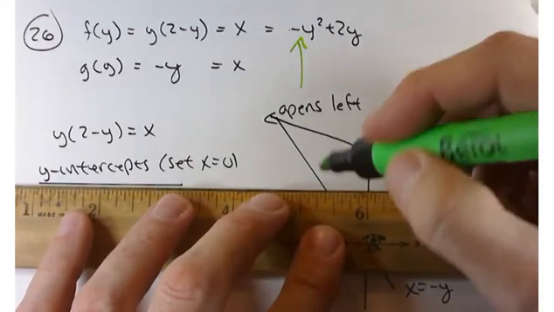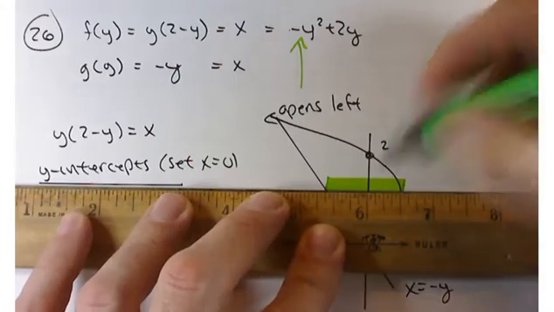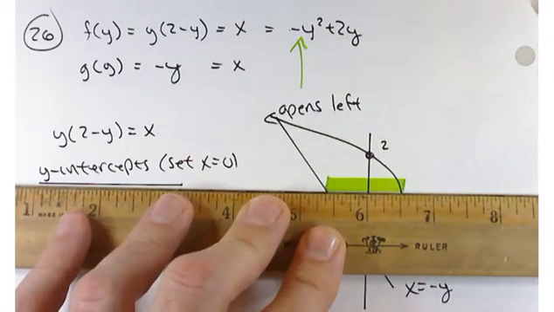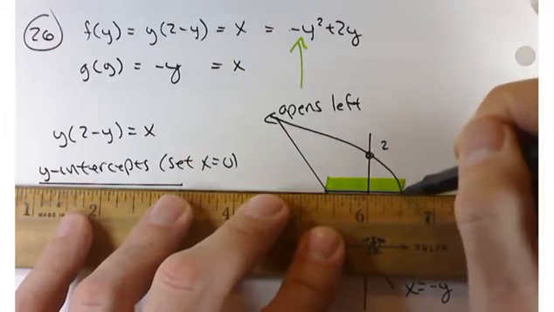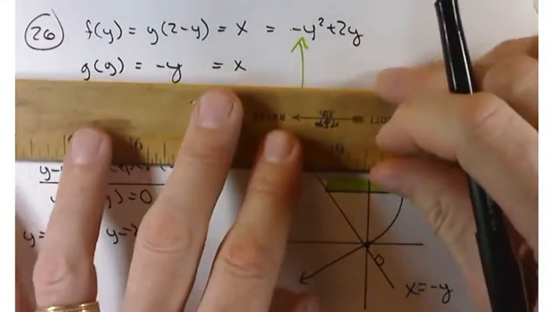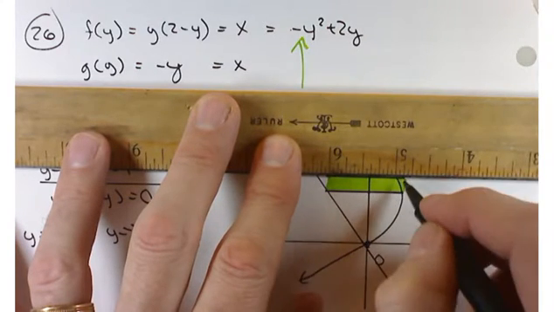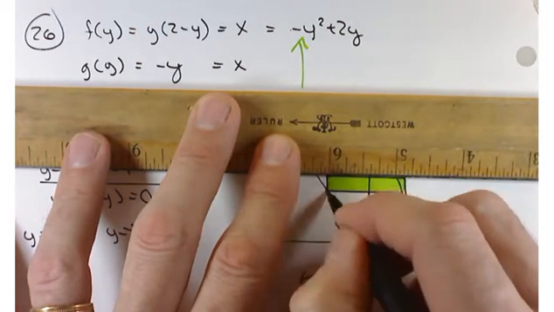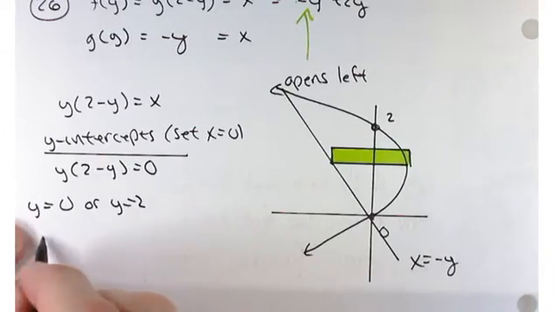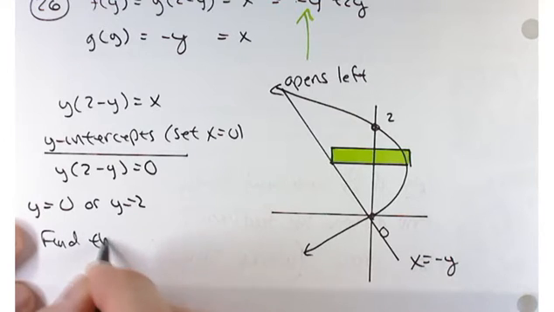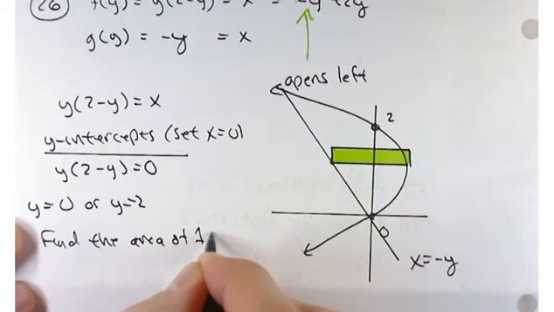The nice thing about a dy slice is that the right and left functions don't change. It's just the same throughout the interval. So from here to here, find the area of one rectangle.